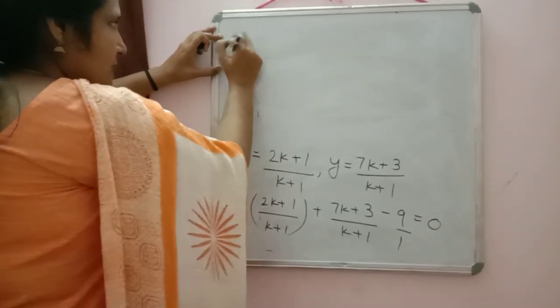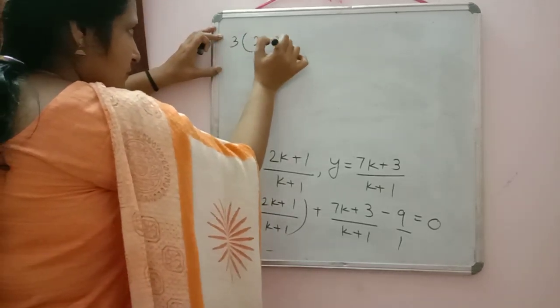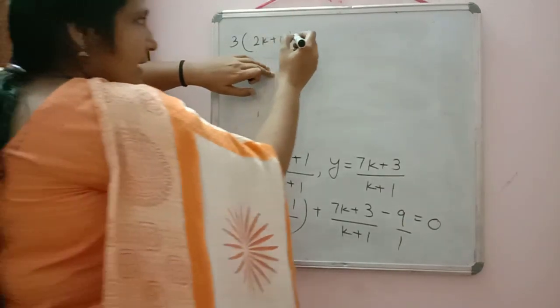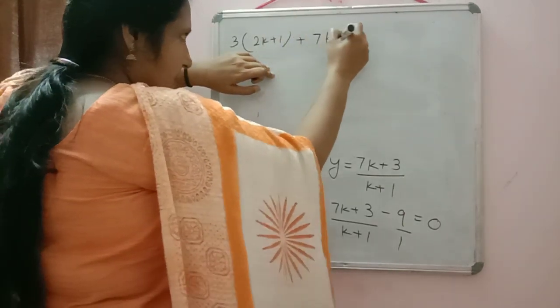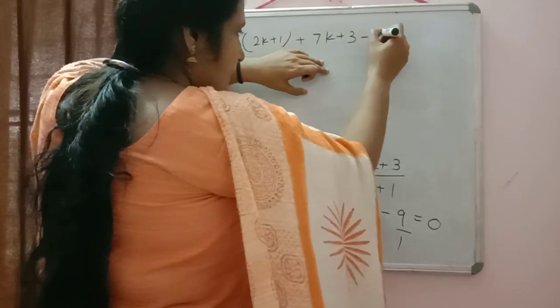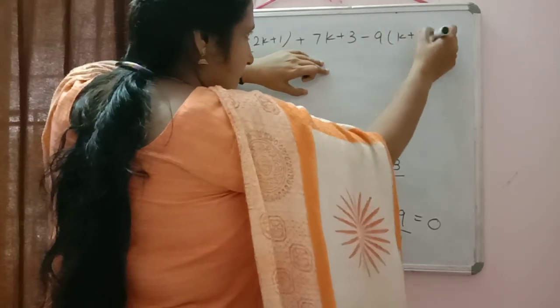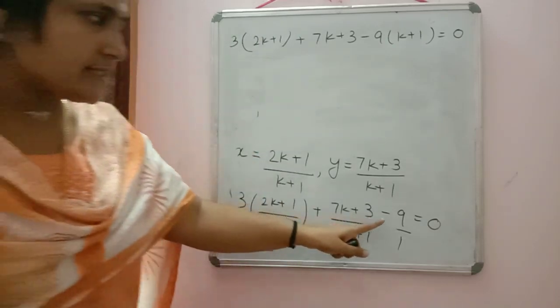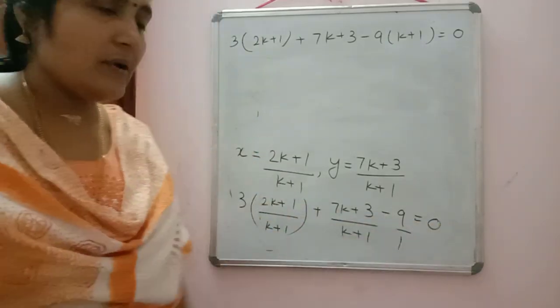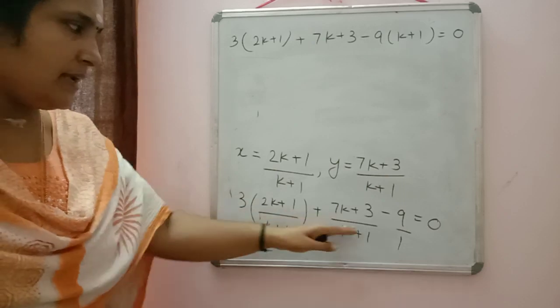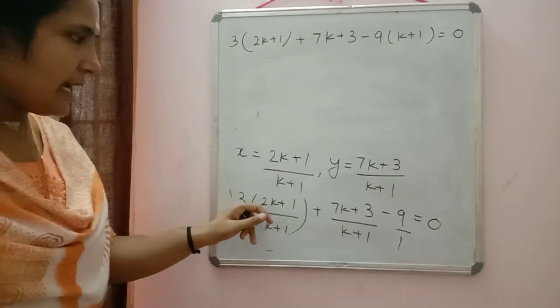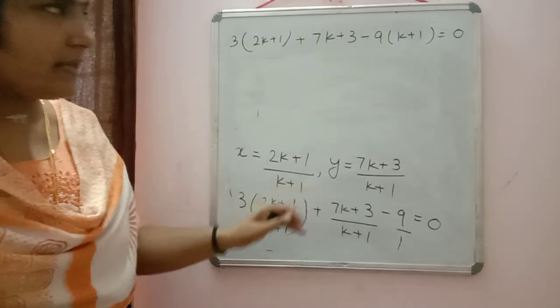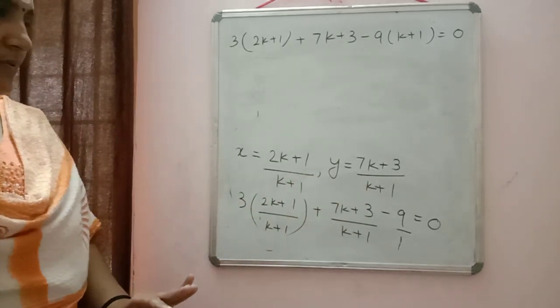So we get 3 into (2k + 1) plus (7k + 3) minus 9 into (k + 1) is equal to 0. If you don't want this minus 9 here, you can shift 9 to the right hand side; then the denominator is the same and we can directly add the numerators. That method also you can use.